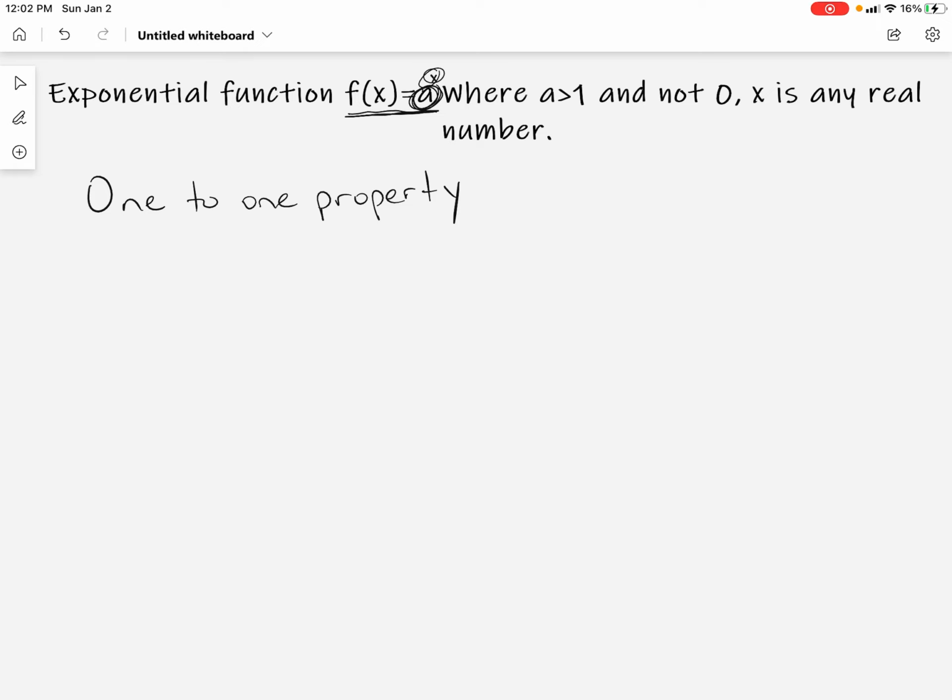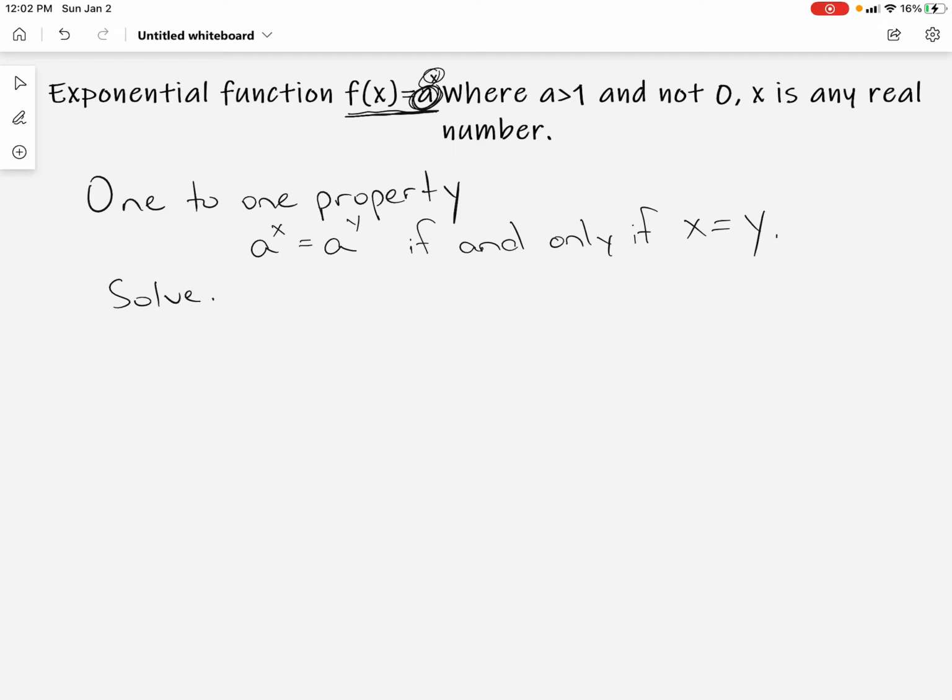So the one-to-one property here, what that lets us do is that if we have two equations, a to the x equal a to the y, that can only be true if and only if x equals y.